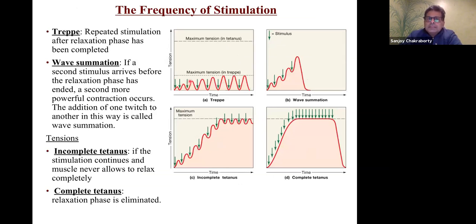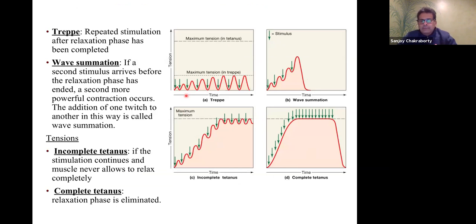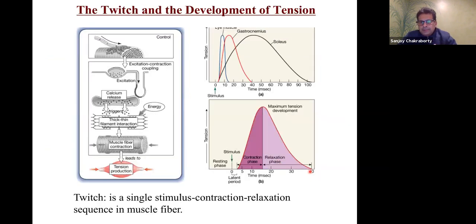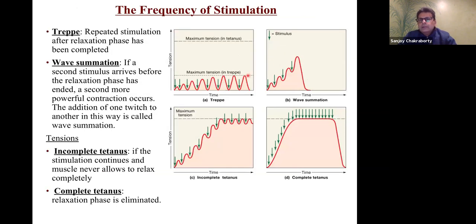The following peak is even higher and so forth. So every time the signal comes at the end of relaxation, the next peak is higher until they reach an equilibrium. That phenomenon is known as treppe. Treppe means like stairs.